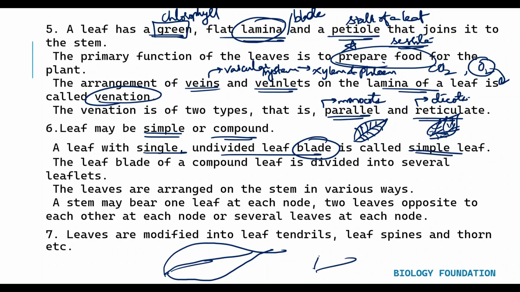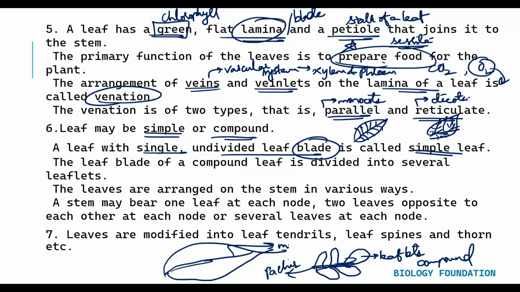If the margins touch the midrib, okay, if you see something like this, then you can say it is a compound leaf, where the margins are basically touching the midrib of the leaf and dividing the leaf into leaflets. And such a leaf is called a compound leaf. And in a compound leaf, this main axis we call rachis, whereas in a simple leaf, this is called midrib.